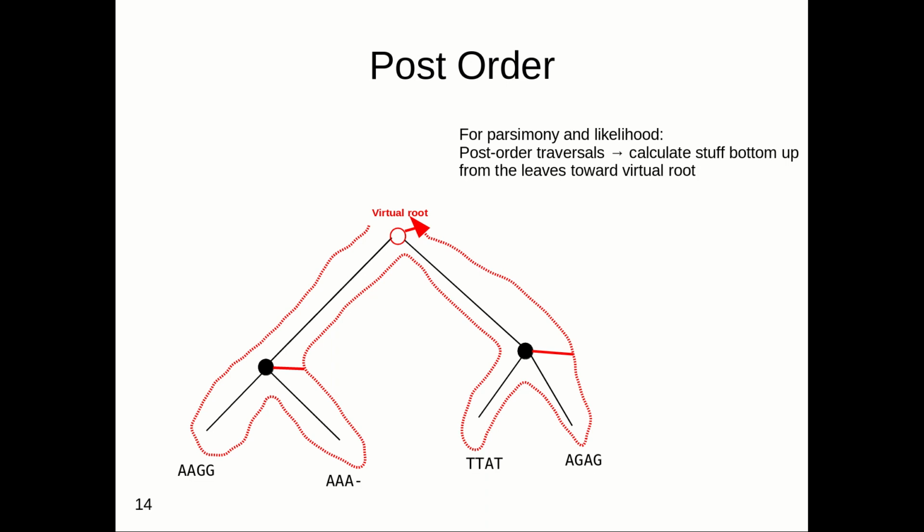Okay, so here are some sequences for you, and here's how that works conceptually again for parsimony as well as for likelihood. Every time we visit an inner node for the last time in post-order, we fill vectors at the inner nodes that have as many elements as a multiple sequence alignment has sites. In our simple example here, those will be 4 elements.